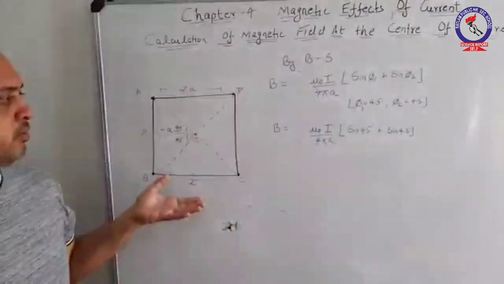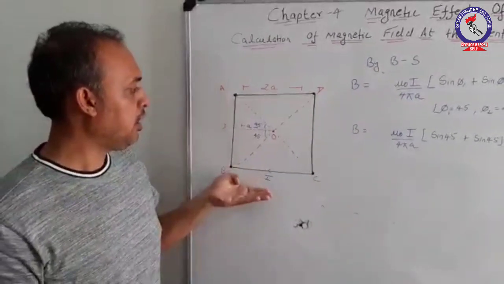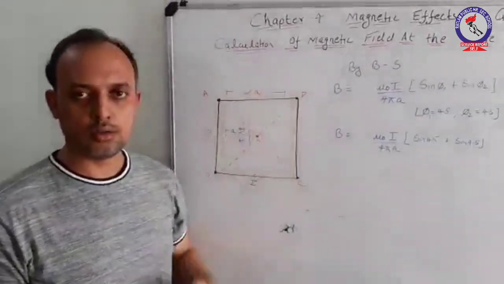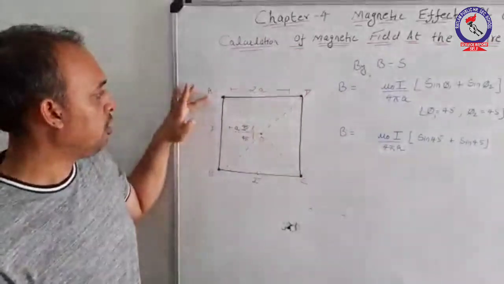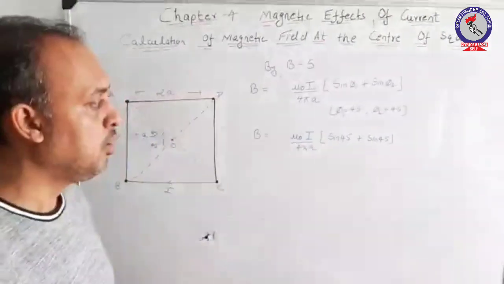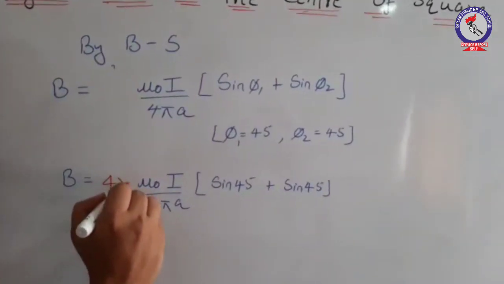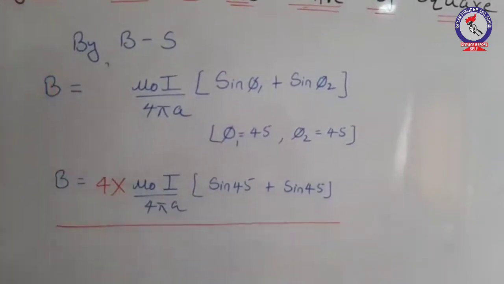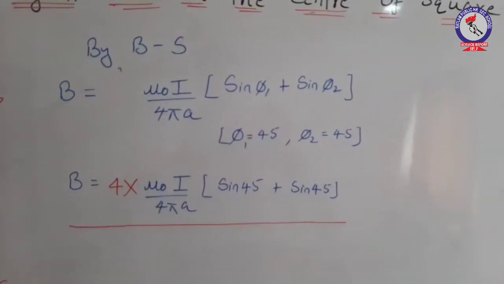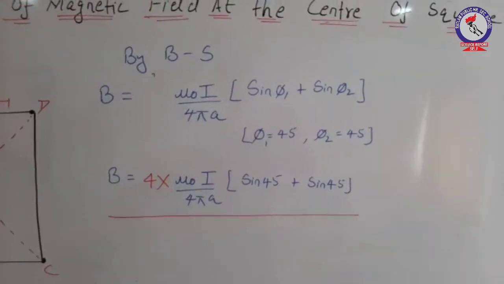Now, as we observe this figure, I just said it is made up of 4 different conductors. We have just calculated the field due to this single conductor. Now what we need to do in calculation of net field is only multiply by a factor of 4, since it is made up of 4 straight conductors.